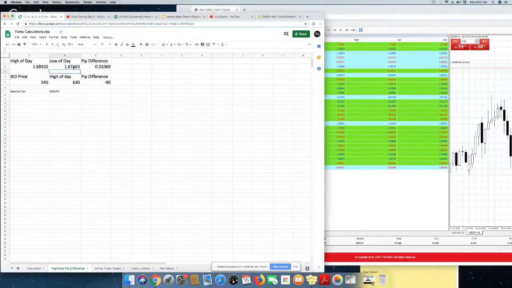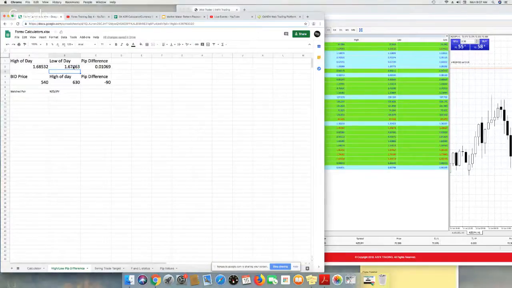It's a difference of 106 pips. So it's a very wide differential. So we're looking for, in this case, the low of the day to hold.